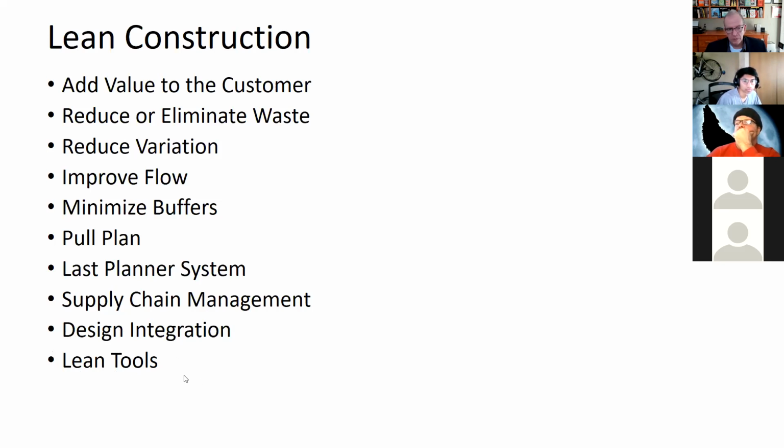And slowly you've been seeing a lot of the tools that I've been trying to give you, a tool a week sort of idea. They're not all from Lean. Like VUCA's not necessarily, but anything that leads to adding value and eliminating waste could be considered a Lean tool. I wouldn't say VUCA's a front and center one, but I think it is an important tool. The Pareto principle is at the very foundations of Lean.